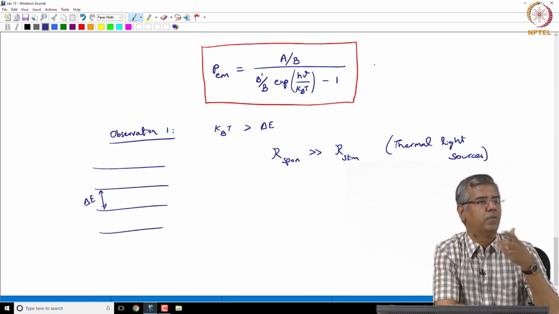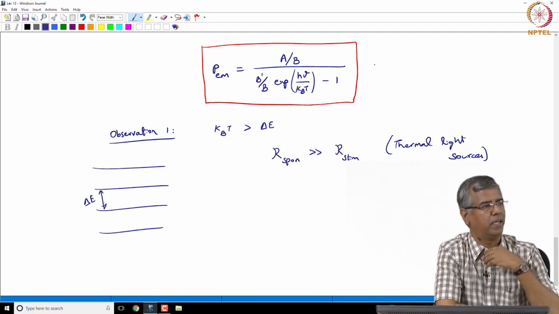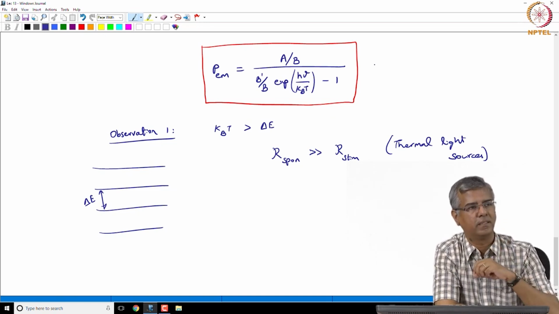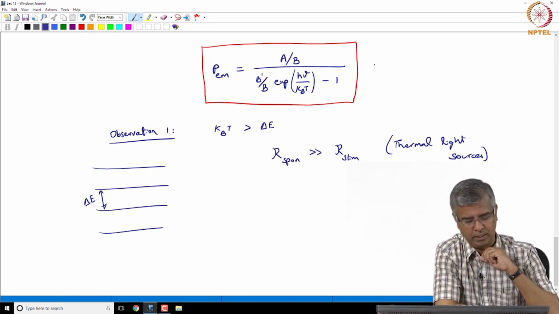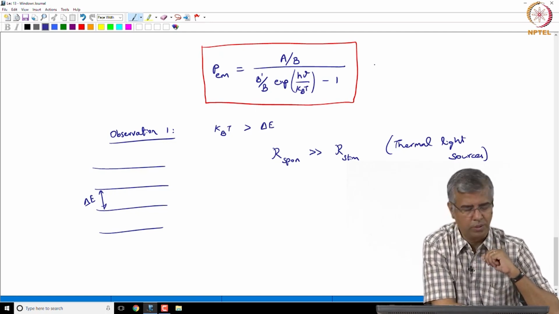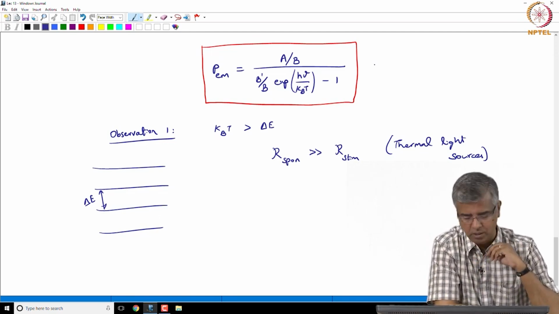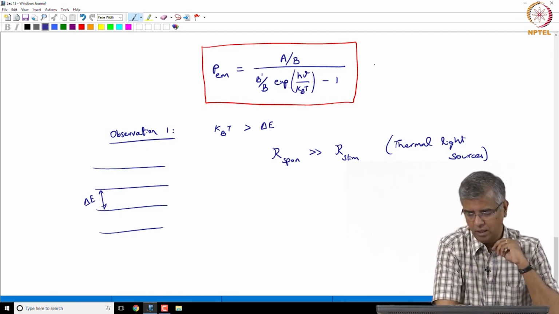So, N2 is always going to be less than N1, right, because the probability of occupying a higher energy level is lesser compared to the probability that you will find that electron at a lower energy level. So, N2 is less than N1 as far as thermal equilibrium conditions are concerned.